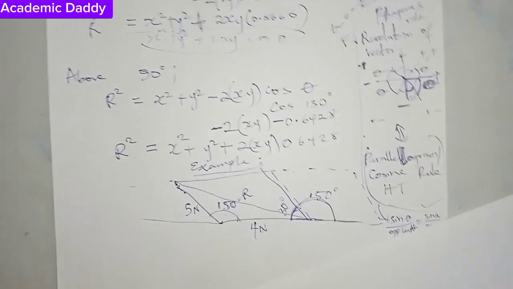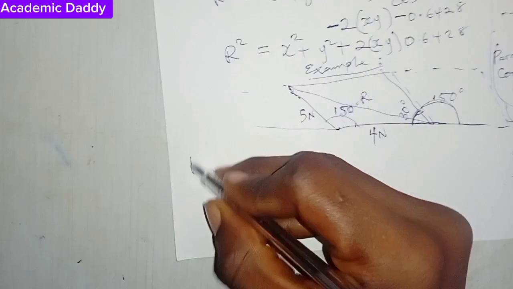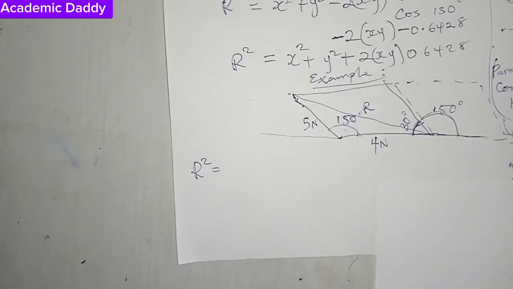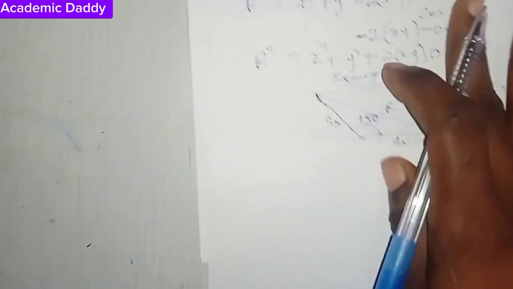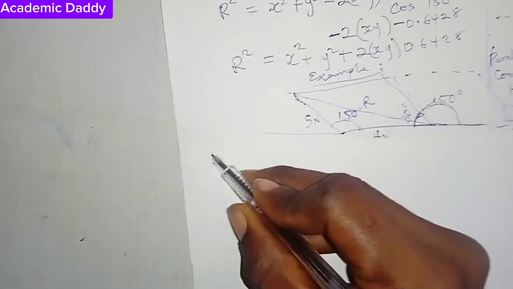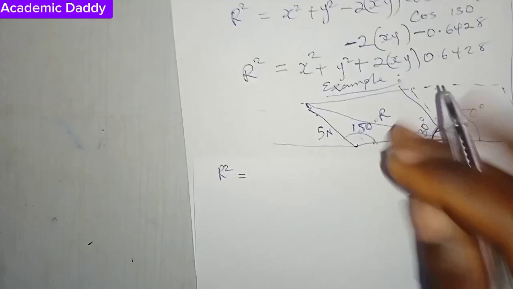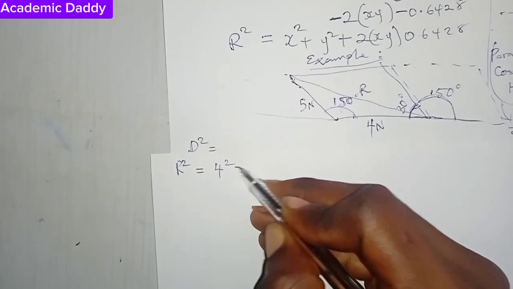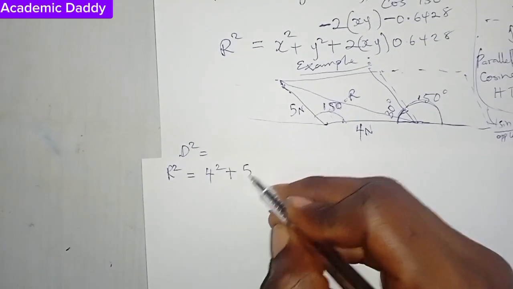Alright, so let's try to solve this now. You now see that this will be the same thing as saying R square is equal to x is 4, 4 square, plus 5 square.